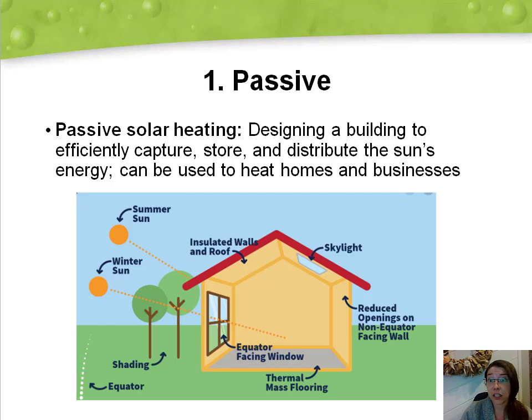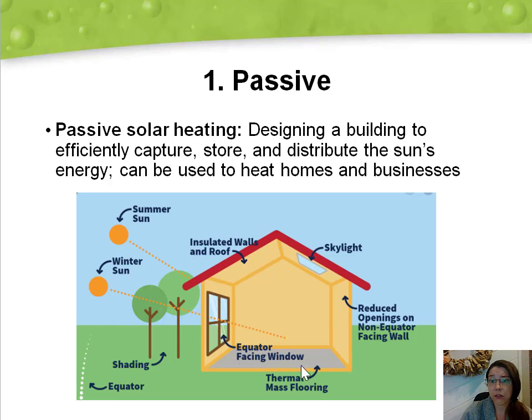Features such as these work to conserve energy and save energy costs. So just taking a look at the image on your screen, we can see that we have the south or southeast facing windows. Okay, they are facing the equator in this image. They have a well-insulated roof and windows.